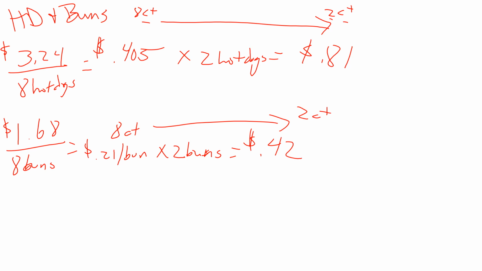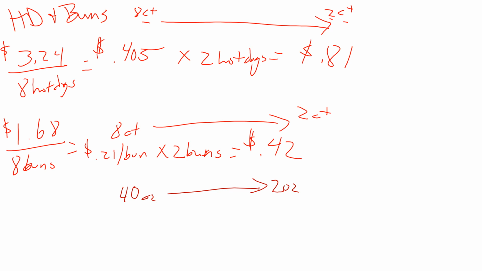All right. Let's do the ketchup and the cheese, the condiments, as well. For ketchup, we start with 40 ounces, and we're going to 2 ounces.